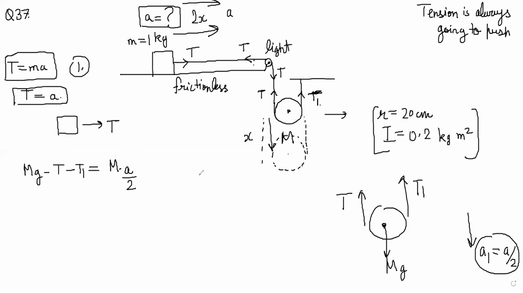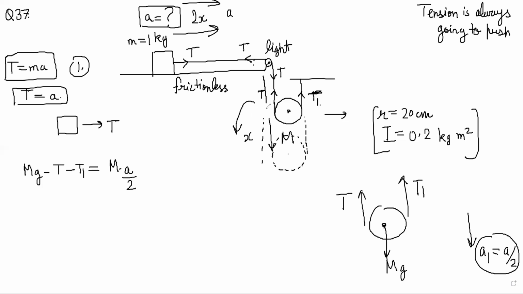Now think about it. Which direction is this going to rotate? If it is coming down, it must be rotating in this direction, right? If it rotates like this, it is pulling it down, no? Think of physically rotating that wheel like this.